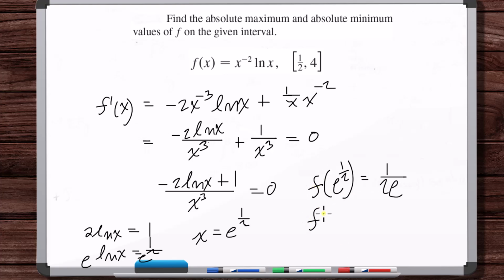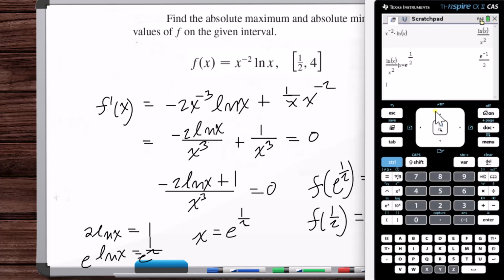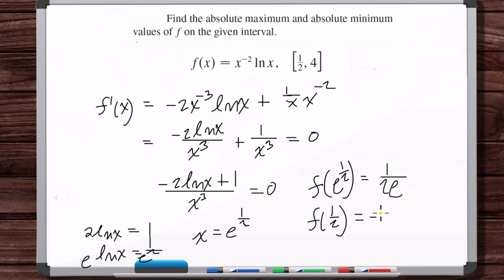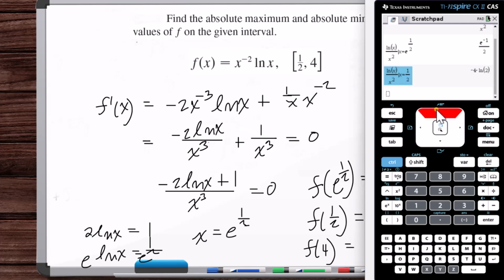We're going to evaluate the endpoints. F of 2 is minus 4 natural log of 2. Now what about f of 4? Natural log of 2 over 8.